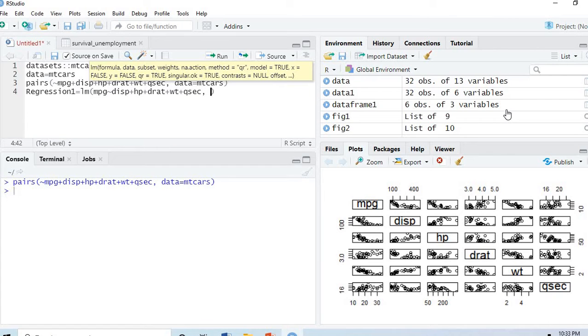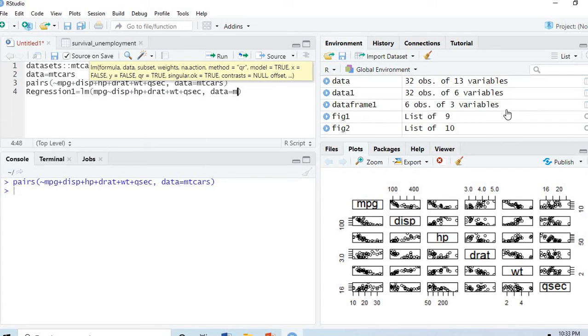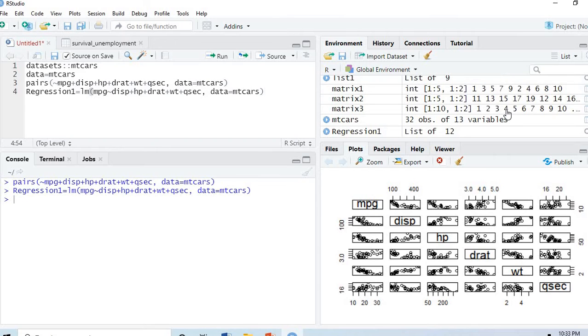All these are independent vectors, and data equals mtcars. Now alt plus enter, then retrieve the result of regression1.